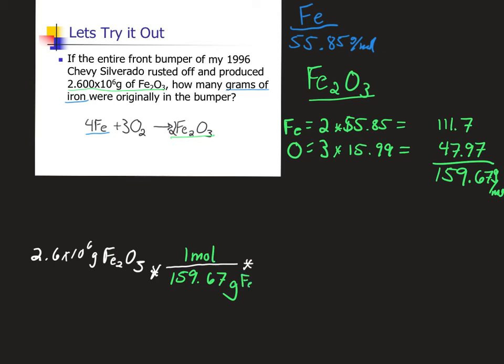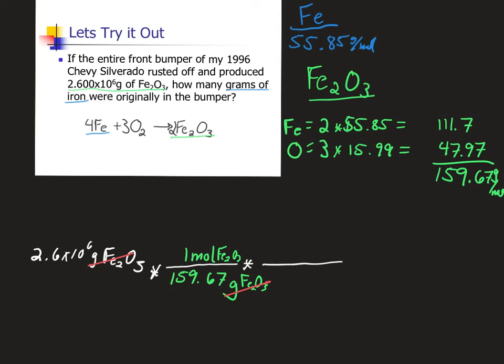Technically should have my labels in here. Okay. My labels for grams of iron 3 oxide cancel out.